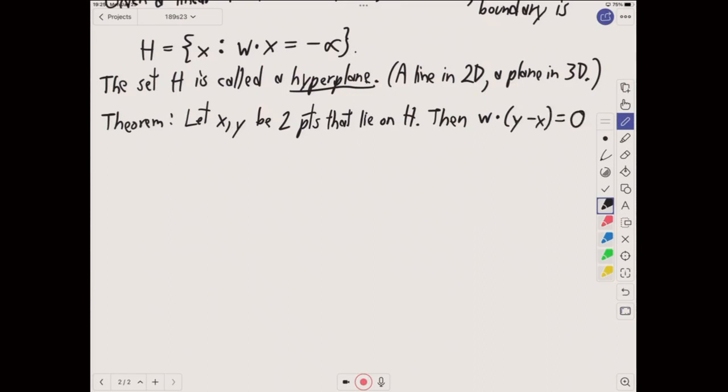Or in other words, the inner product of w and y minus x is 0. And the proof is very easy. If you look at w inner product with y minus x, w dot y is minus alpha. W dot x is also minus alpha. So you're subtracting minus alpha from itself and you get 0.